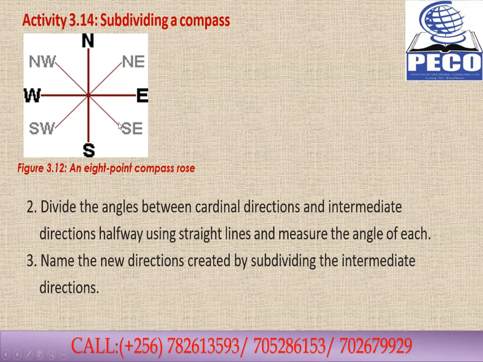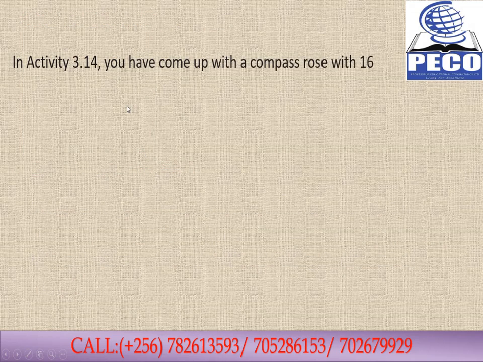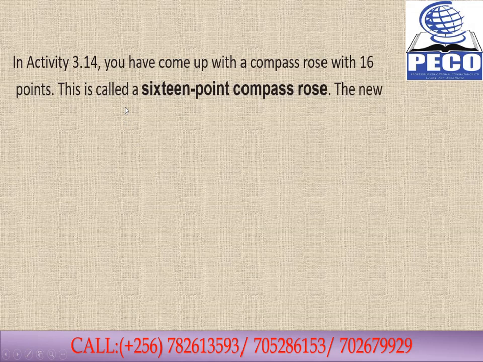So can you write the new directions that you have created by subdividing the intermediate directions? After doing that, you'll come up with a compass rose with 16 cardinal points. So this is called the 16-point compass rose.